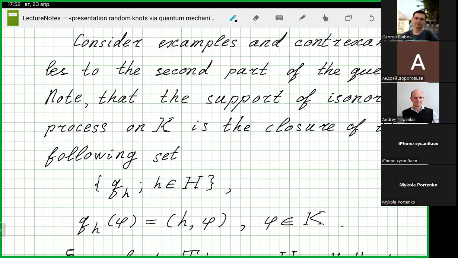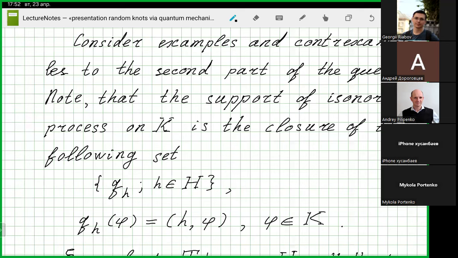So now we have a purely deterministic formulation: when the closure of this set, considered as functions on the compact K, is equal to the whole set of continuous functions on our compact K.